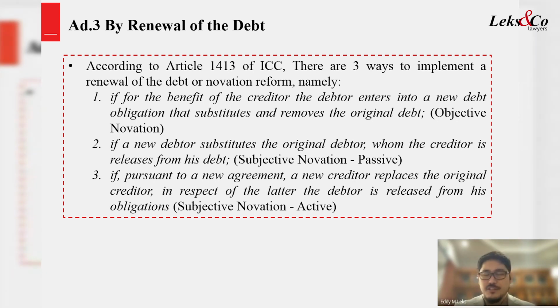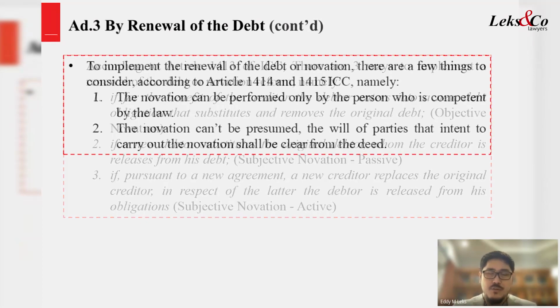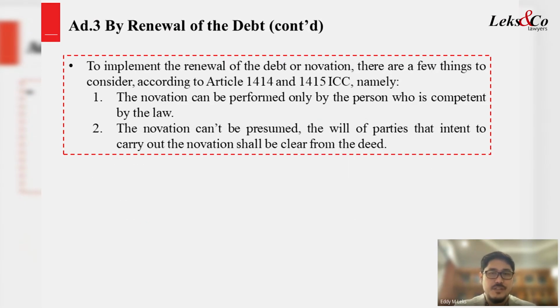The second point and the third point are just changing of the subject, so it's not the object. Now, what is the difference with the subrogation? The novation can be performed only by a person who is competent by law, of course. This is also applicable to the subrogation. The novation cannot be presumed. The will of parties that intend to carry out the novation shall be clear from the deed.